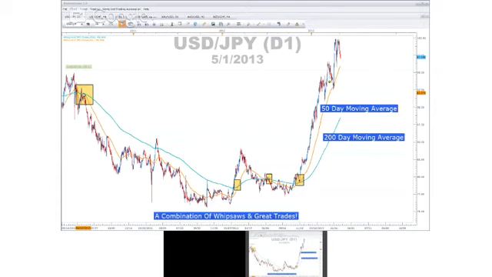So it's supposed to make it a little bit faster. In the end, I actually prefer the exponential just because it's a little bit faster, but I also feel that really the signals are not going to change too much. You just might get the exponential moving average, which we see here, a little bit closer to price than we would see on a simple moving average.